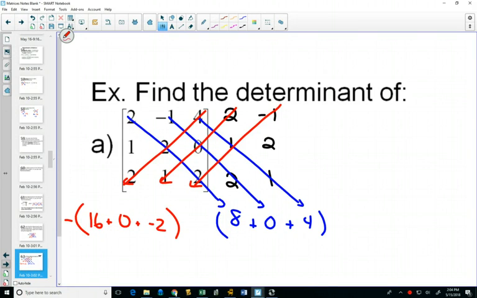And we would get 12 minus 14, which is equal to negative 2.